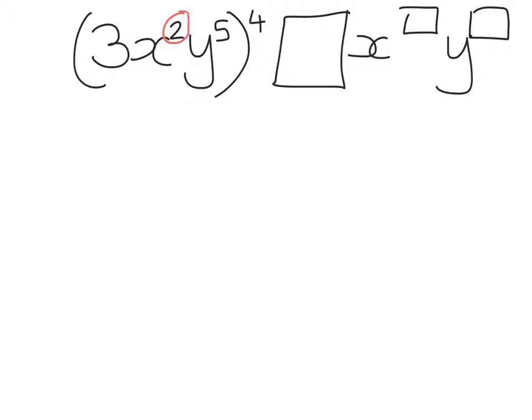Well, let's guess 2 multiplied by 4, that would be 8. For y, we'd have 5 multiplied by 4, that would be 20. What about my coefficient? Would I do 3 multiplied by 4? Would I do 3 to the power of 4? Let's have a look.